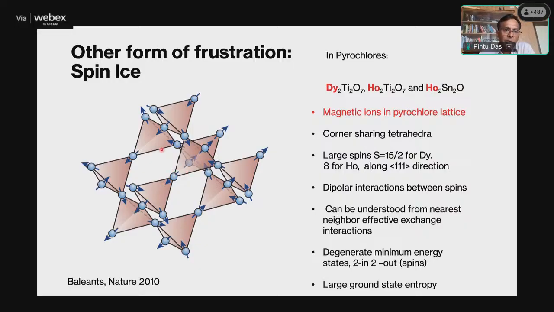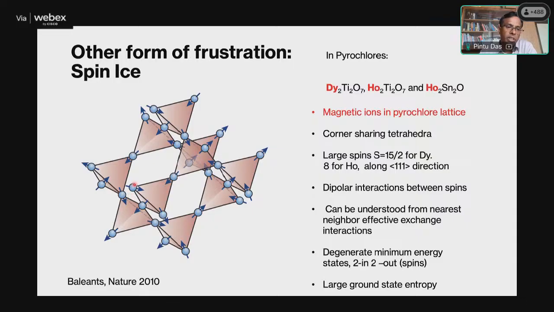That comes because of the frustration in the system, and that's how the system minimizes energy, by pointing two in and two out. We call it the two in two out kind of spins, and that leads to, because there are four different spins here in each of these tetrahedra.